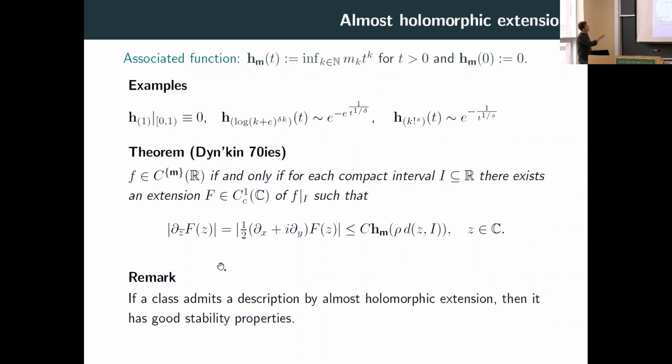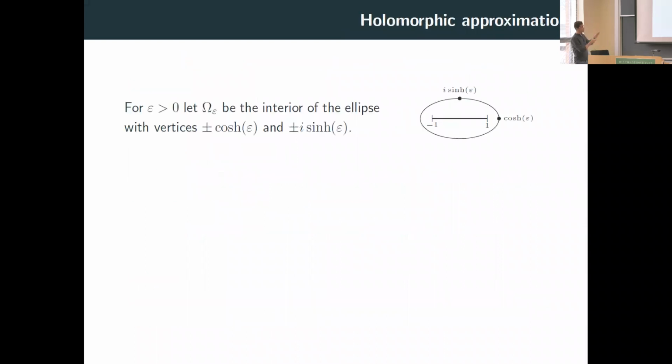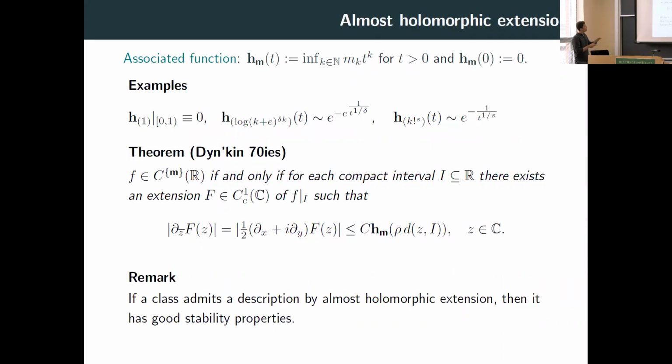So it means that the extension has to be holomorphic, which is, yeah, classical. Okay. Let me mention that if my class satisfies, suppose that I have a class, not necessarily a Denjoy-Carleman class, which in some way admits such a representation, then it automatically has good stability properties.